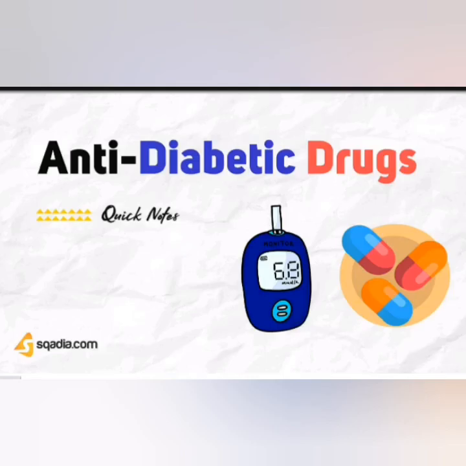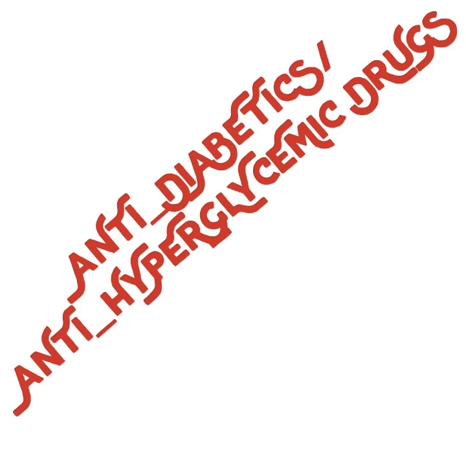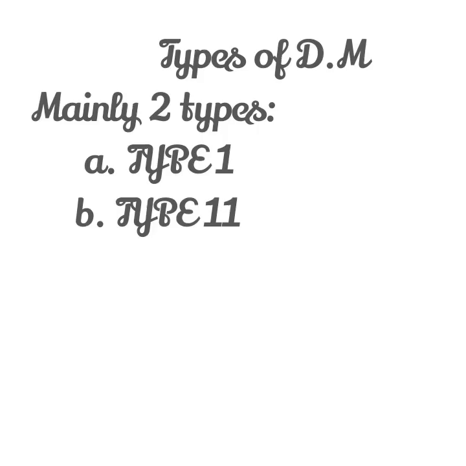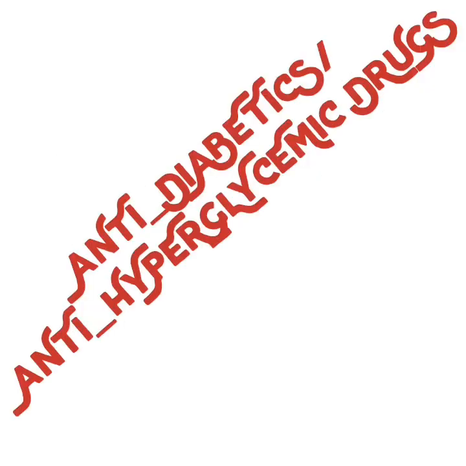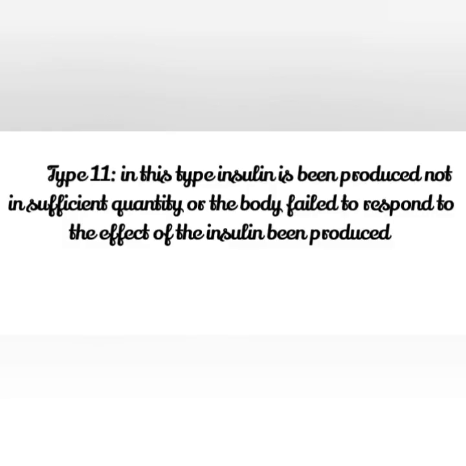There are two main types of diabetes mellitus. Type 1 is referred to as an autoimmune disease, in which your immune system attacks and destroys the insulin-producing cells of your pancreas, which are known as the beta cells. For type 2 diabetes mellitus, insulin is produced, not as in type 1.